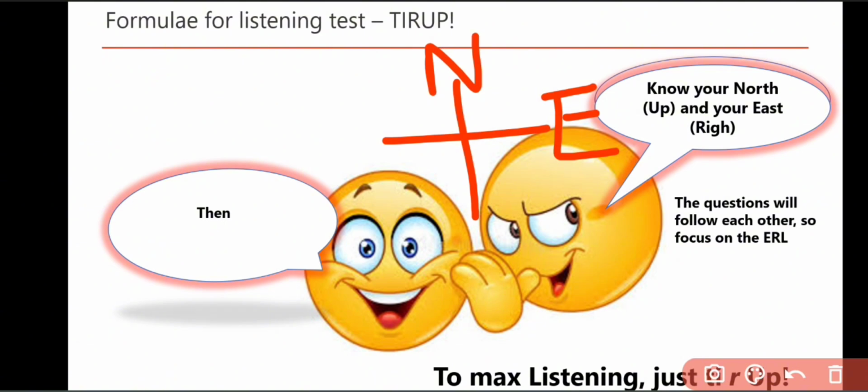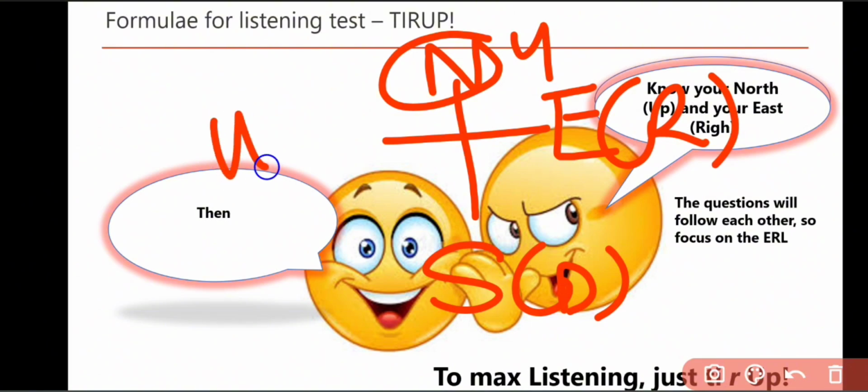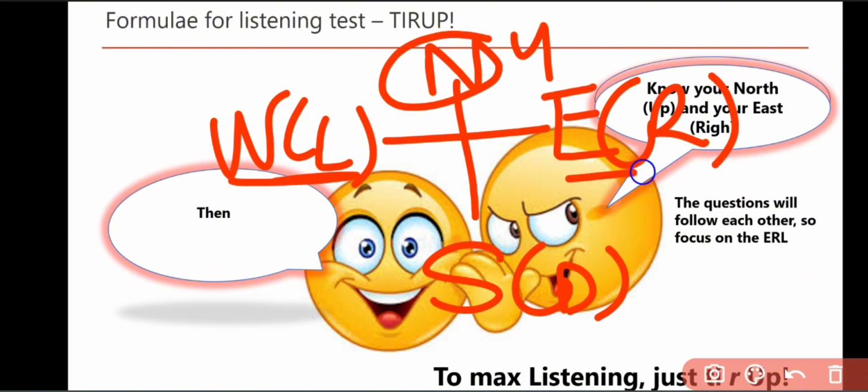They say turn right or turn left. Very simple. Just remember one thing, because you will not have any problem with north or up, and you will not have problem with south or down. The usual problem is usually between east and right, west and left. So don't forget about west and left. Just remember east and right.